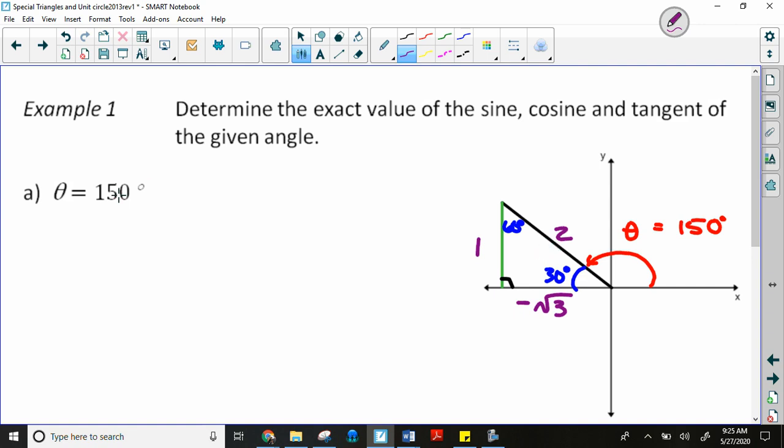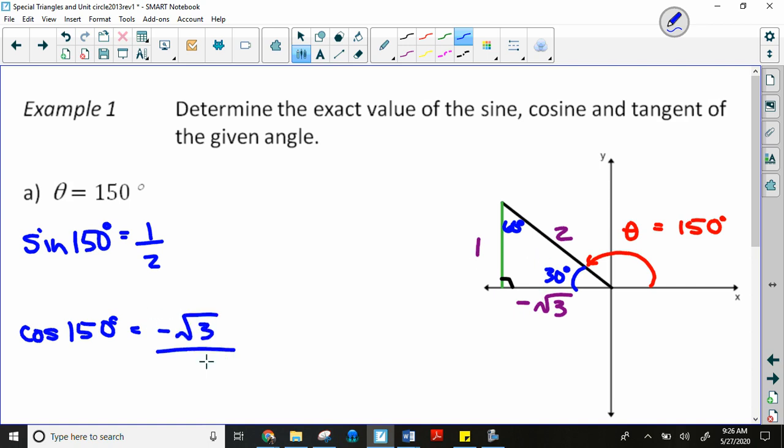So let's do this. Sine of 150 is going to give you opposite over hypotenuse. I feel good about that. Cos of 150 is going to give you adjacent over hypotenuse.